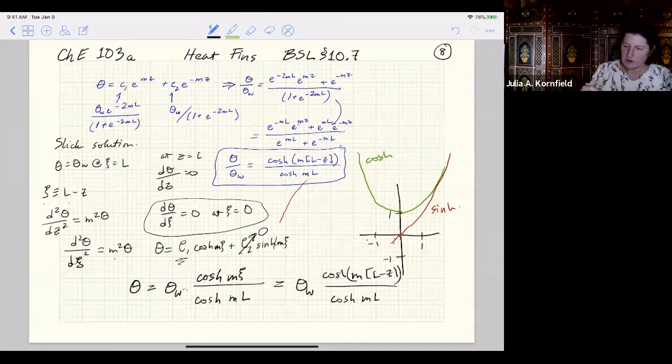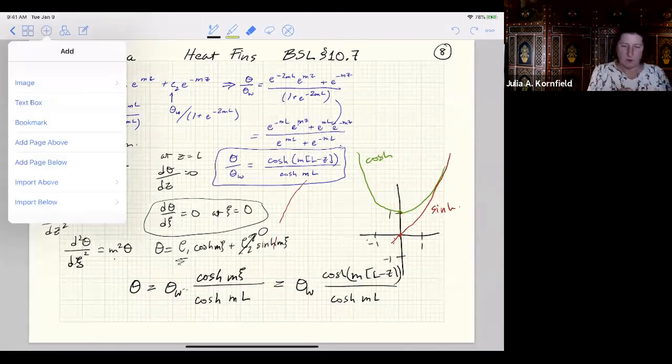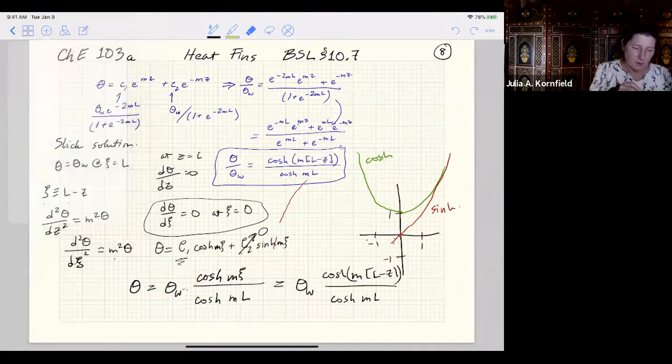So it took advantage of remembering some of the properties of the hyperbolic functions and saying, oh, I could flip my coordinates, why not? And then solving it in an advantageous coordinate system so that the determination of coefficients is like that. Okay, so now the next thing you want to do is check and see if you think your solution makes sense.